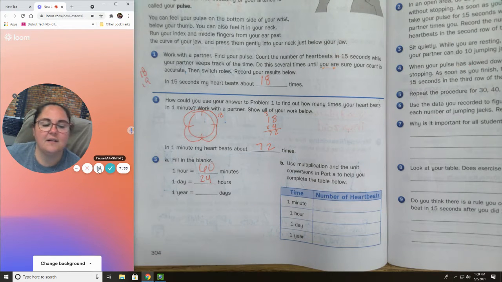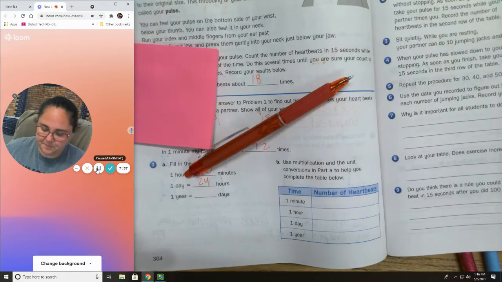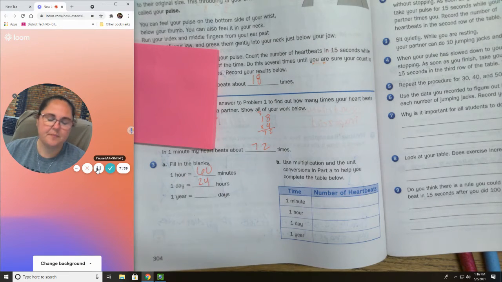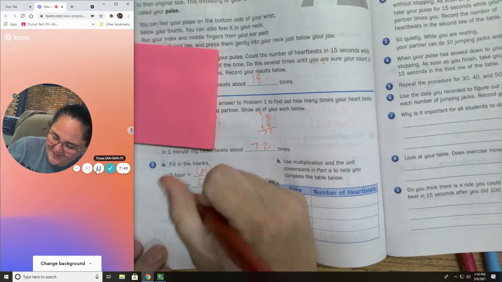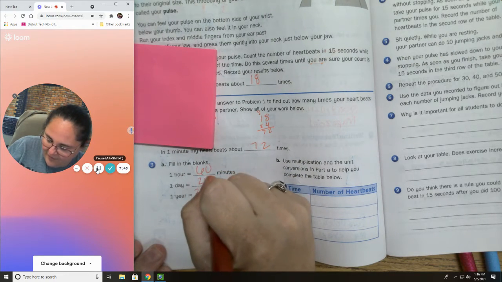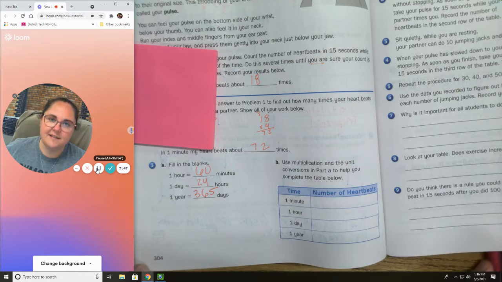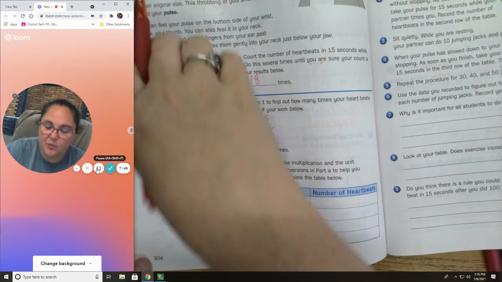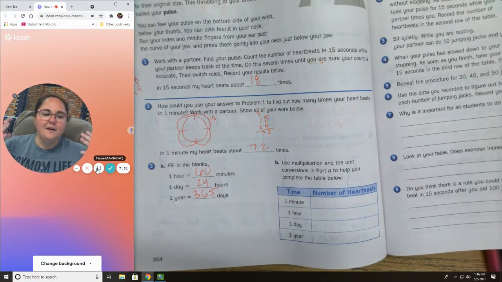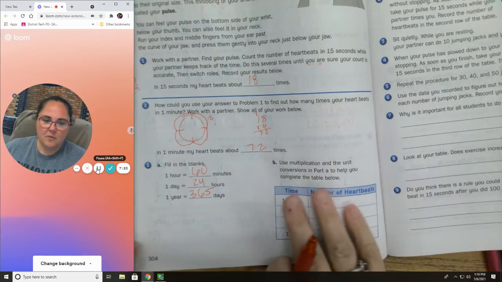And 1 year has how many days? All right, in 1 typical year, there's 365 days. Yes, in a leap year there's 366, but we're looking at a regular standard year, okay?